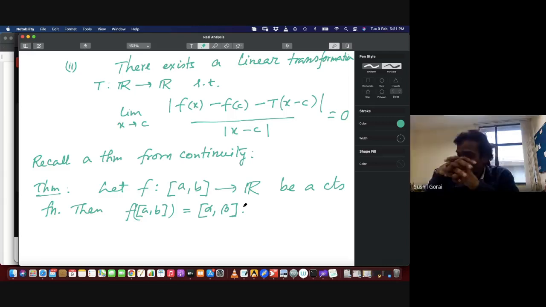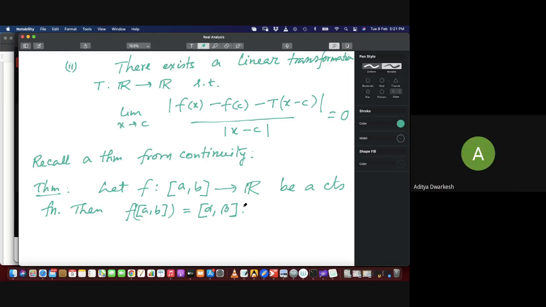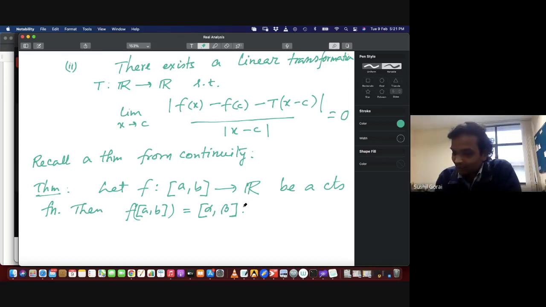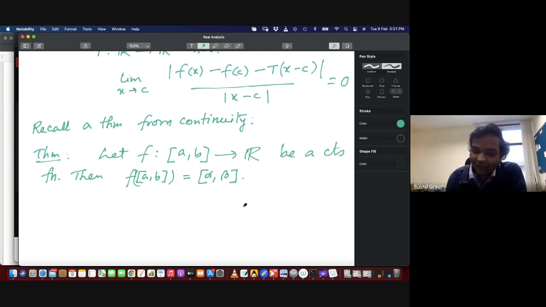Is this clear? Well, this theorem is known, but what is the point? It means that the maximum and minimum are attained, right?